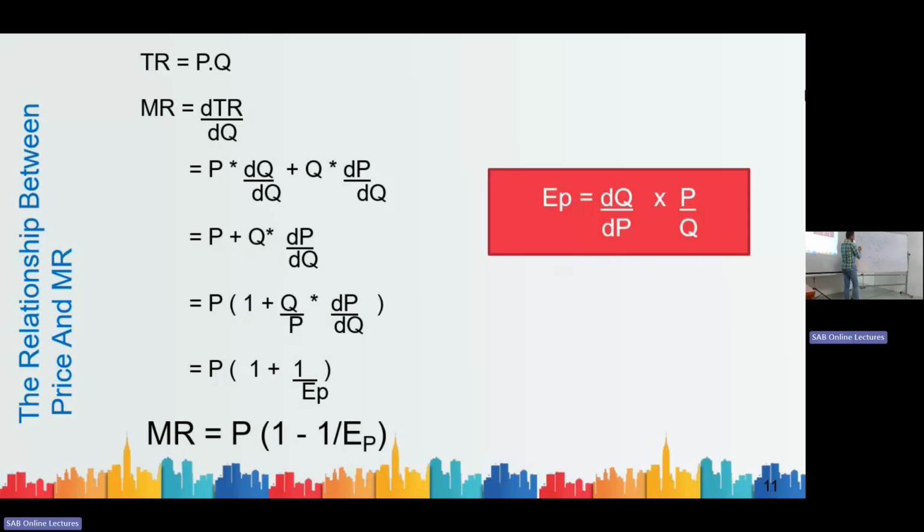Yes. Take price as 10. We are considering the midpoint where the price is 10 and the price elasticity of demand is 1. Substitute the values you know in this expression and get the value for marginal revenue at this point.